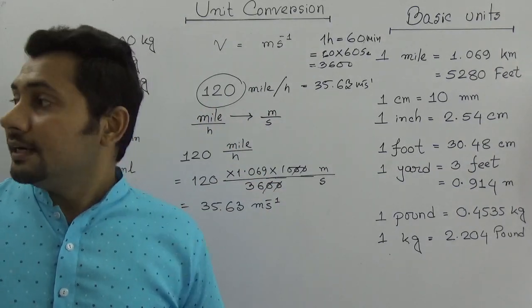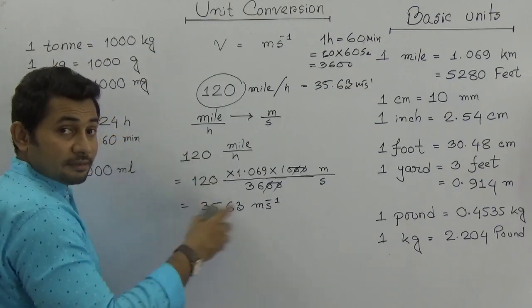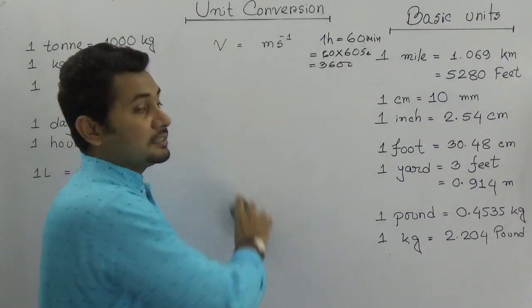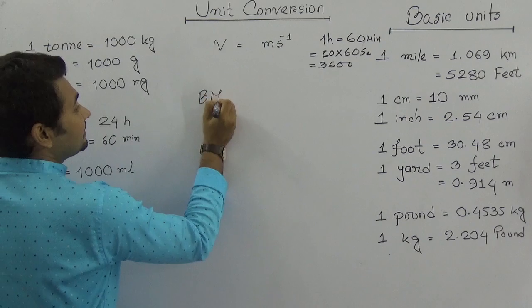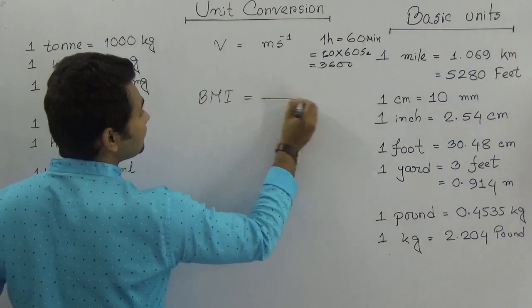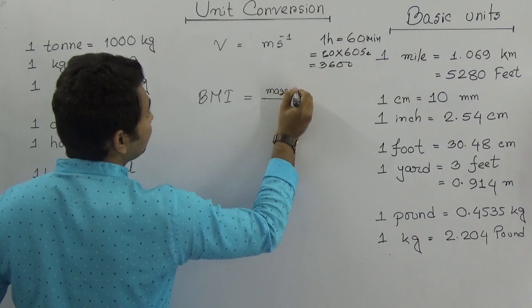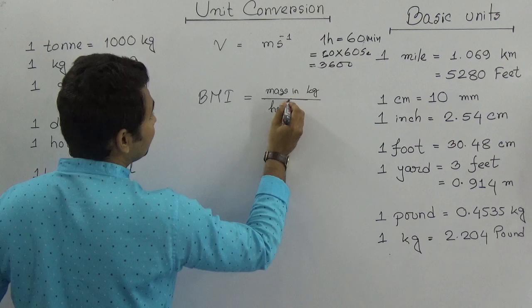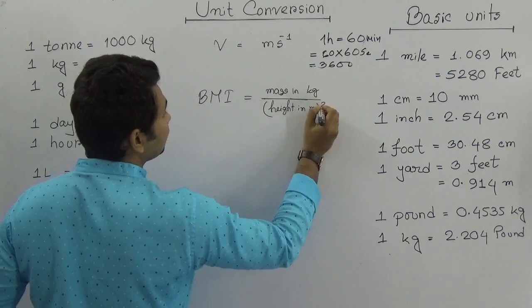Sometimes, in case of finding BMI, what we need to do? We know that BMI is the body mass in kilogram divided by height in meter square.